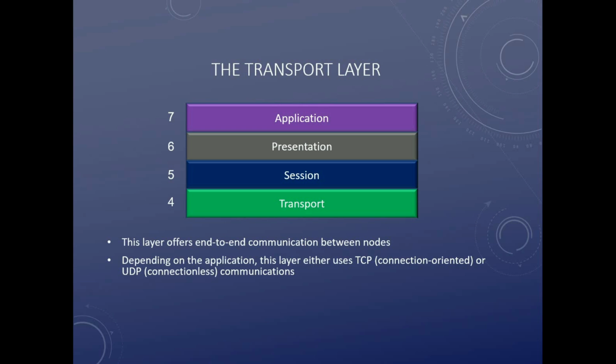UDP is connectionless. There is no three-way handshake. I'm going to send the packet out and hope that you get it. So the way I explain it in class is UDP is very similar to you going to your mailbox with a letter and sending it out, regular mail.